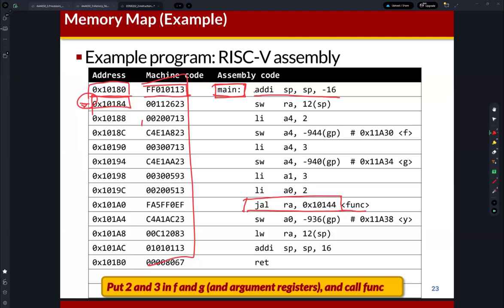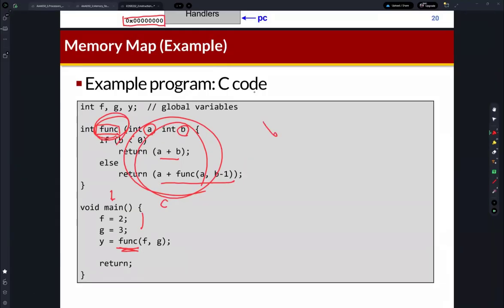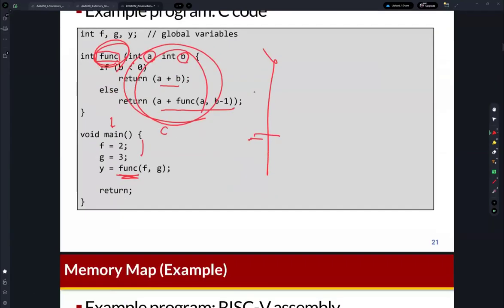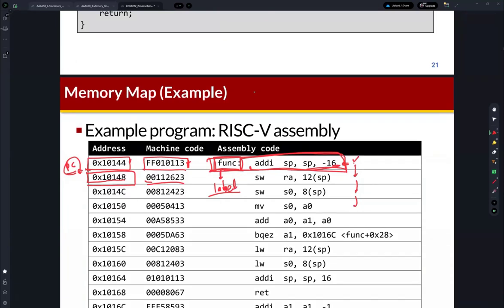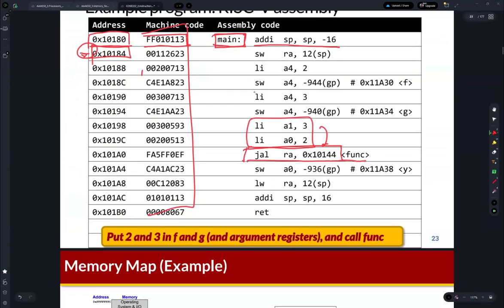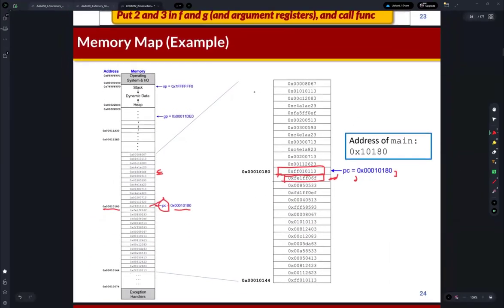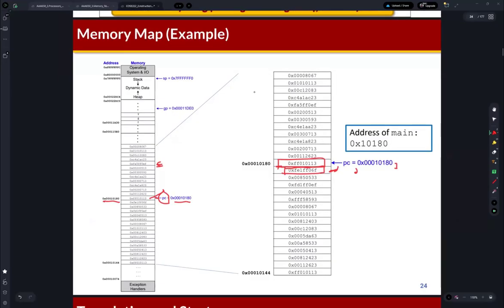So actually, the two arguments are assigned, and there is a call function. This C code is translated into this RISC-V assembly code, and then the assembly instructions can be encoded into the machine instructions one by one. So this is the example, and this is an example of the memory map.